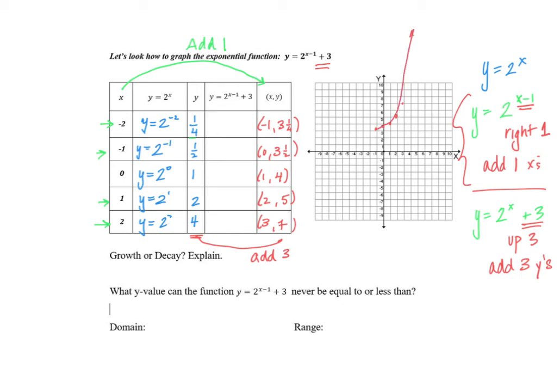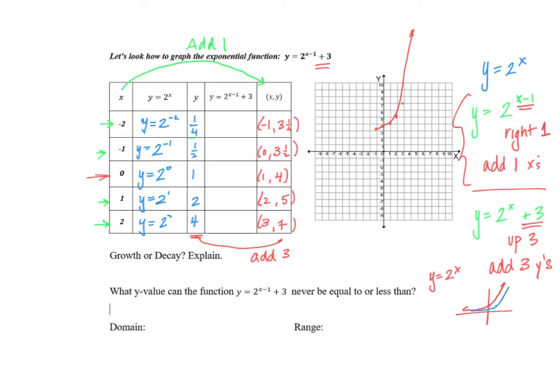Now I need to figure out what it doesn't touch. Well, my original graph, if I were to plot points for that y equals 2 to the x, it would look something like this. Again, that's a very loose sketch with my y-intercept being 0, 1. So what did I do? I shifted that to the right one. So again, that would mean that this would be to the right one.